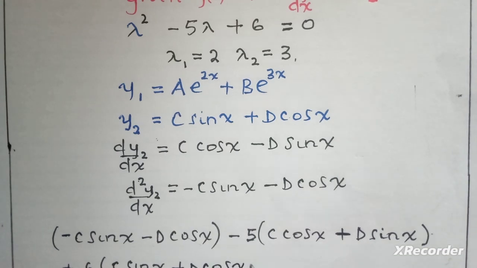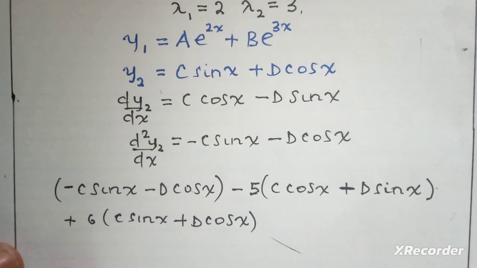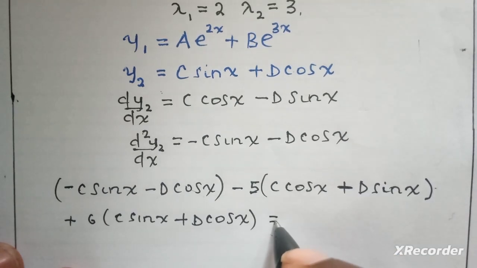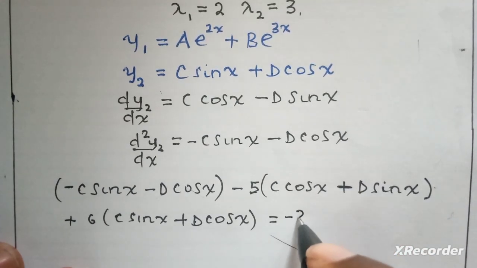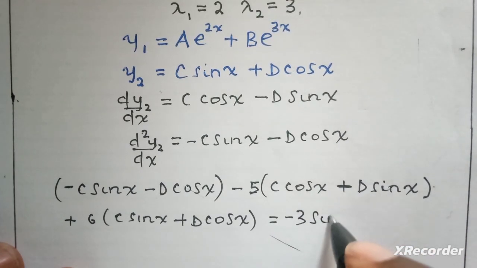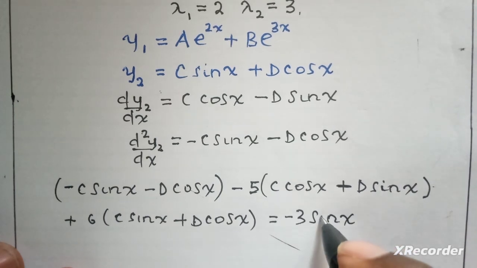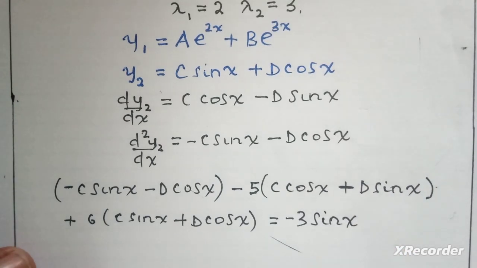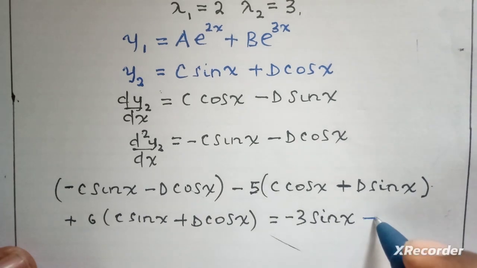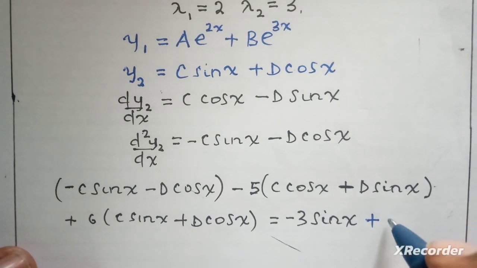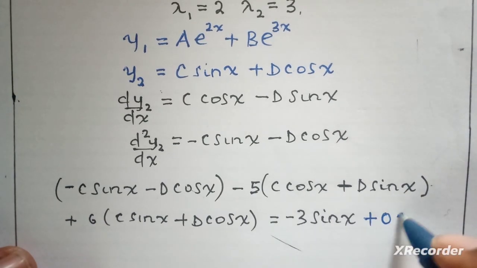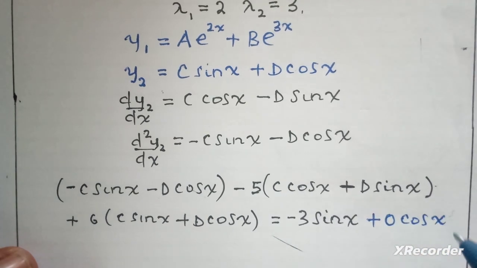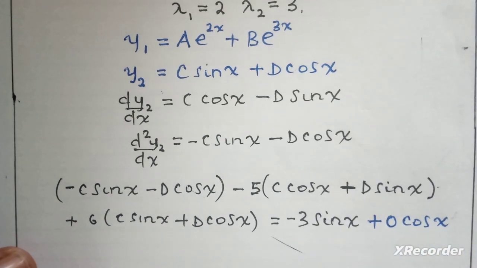This one gives us negative 3 sine x. And because we don't have a cos, we can introduce plus 0 cos x, because this one remains 0.